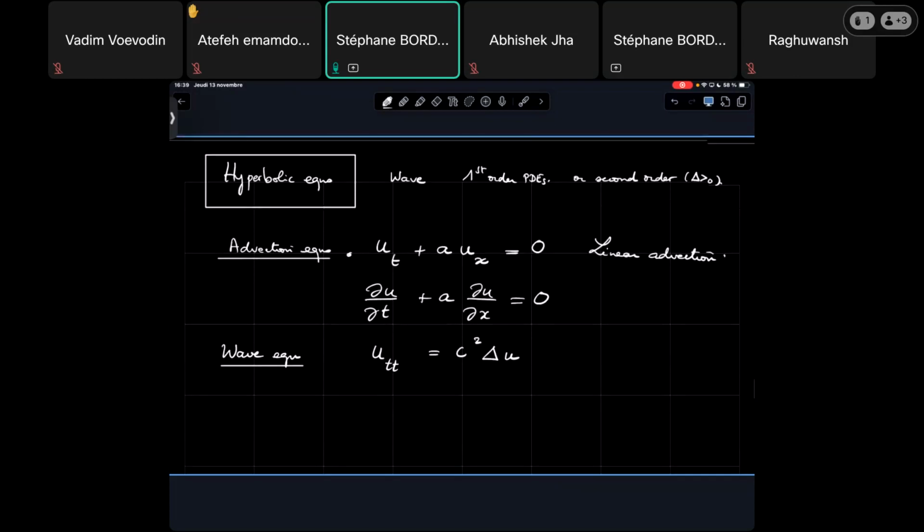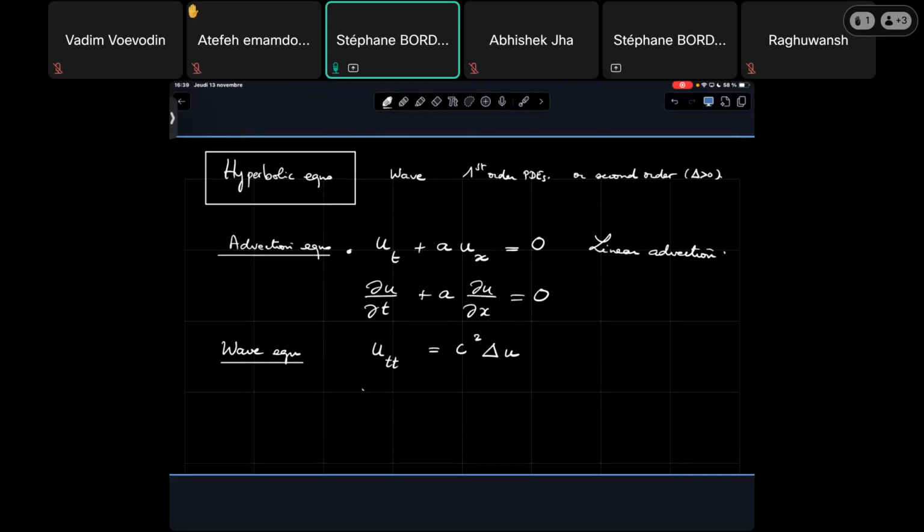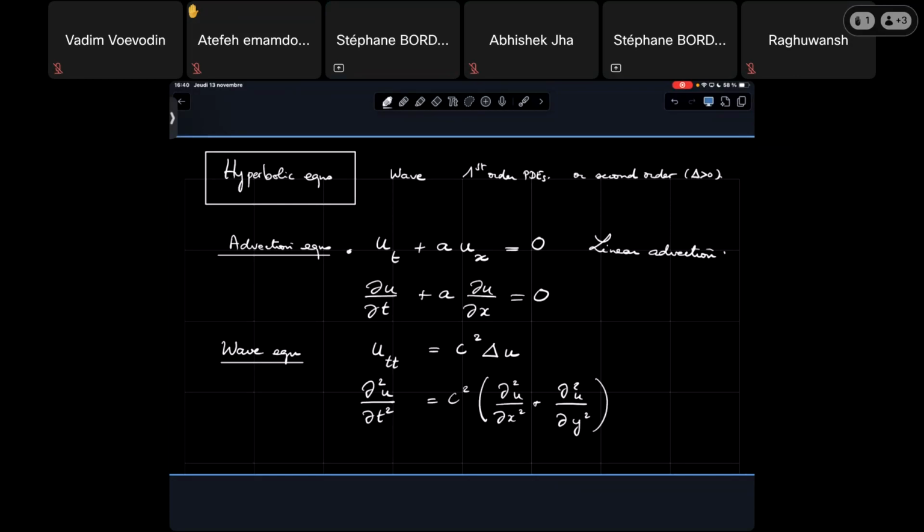And so what does that mean? Well, it means that you have partial squared u partial t squared equals c squared times partial squared u partial x squared plus partial squared u partial y squared if you're in 2D.